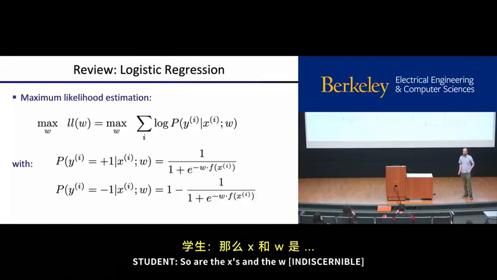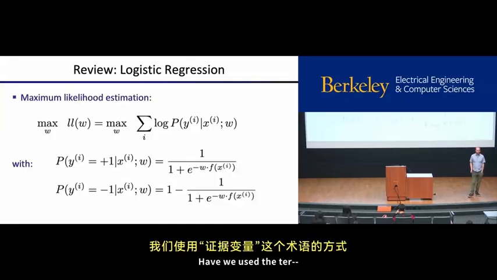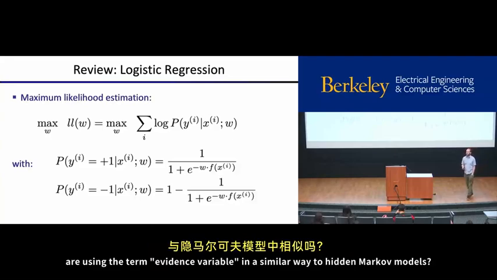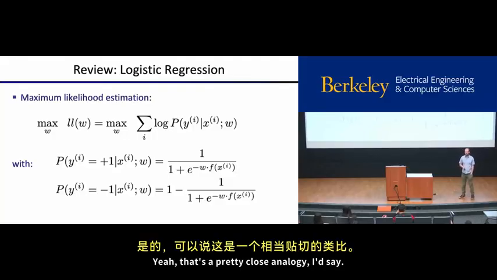Yeah? So are the x's and the w, are those the evidence variables? Are you using the term evidence variable in a similar way to like hidden Markov models? Sort of, yeah. That's a pretty close analogy, I'd say.